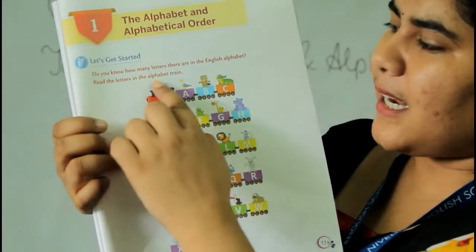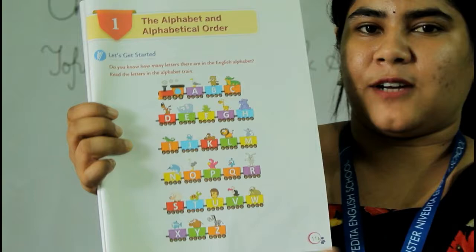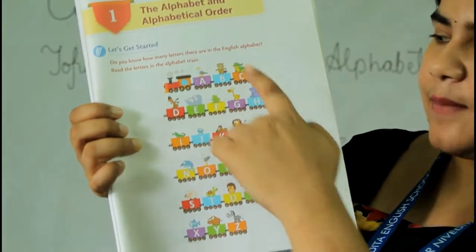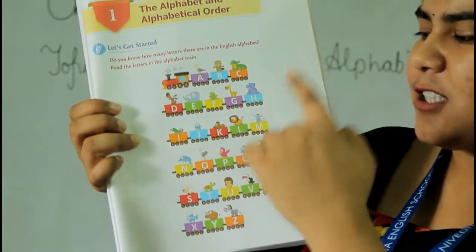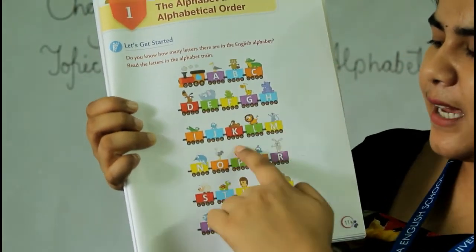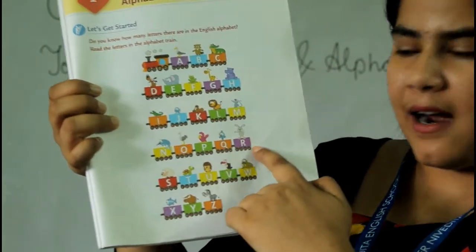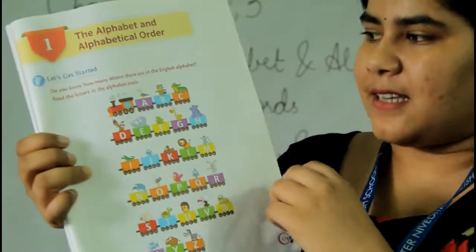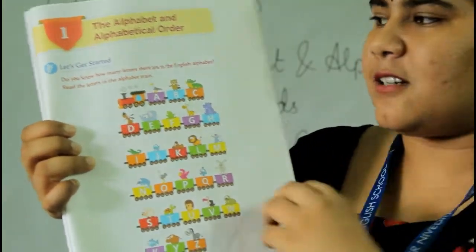Okay? Now read the letters in alphabet train. So this is alphabet train. Okay? So let's read A, B, C, D, E, F, G, H, I, J, K, L, M, N, O, P, Q, R, S, T, U, V, W, X, Y, Z. Okay? So this is arranged as an alphabetical order.